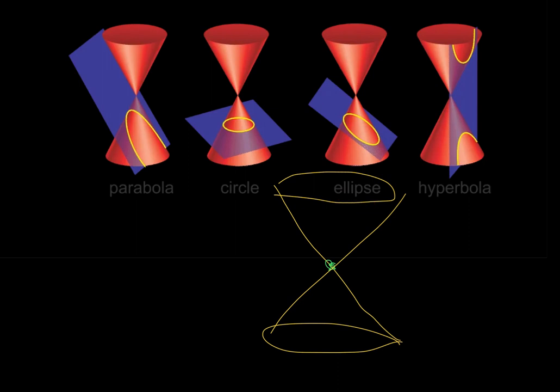And then the fourth is what if you do it vertically so that it would be parallel to this line of symmetry that goes up, you would get a shape called a hyperbola. So these four shapes are what are referred to as conic sections.